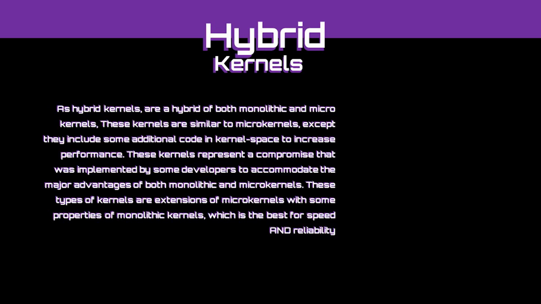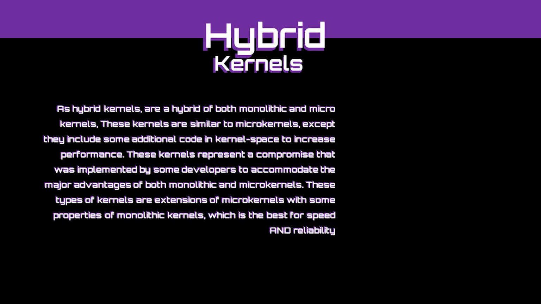Hybrid kernels are a hybrid of both monolithic and microkernels. These kernels are similar to microkernels, except they include some additional code in the kernel space to increase performance. These kernels represent a compromise that was implemented by some developers to accommodate the major advantages of both monolithic and microkernels.